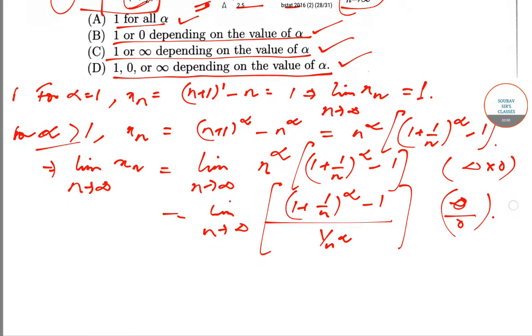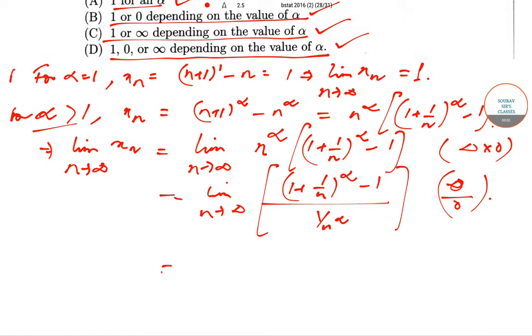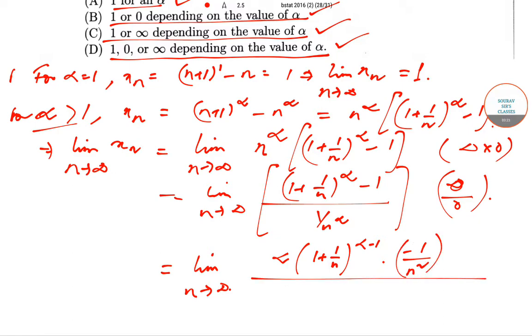So now we'll put L'Hospital's rule over here. If we apply L'Hospital's rule, this will give us the limit as n tends to infinity of alpha into (1 plus 1 by n) to the power alpha minus 1 into (minus 1 by n square) in the numerator, and in the denominator this will be equal to minus alpha into n to the power minus alpha minus 1.